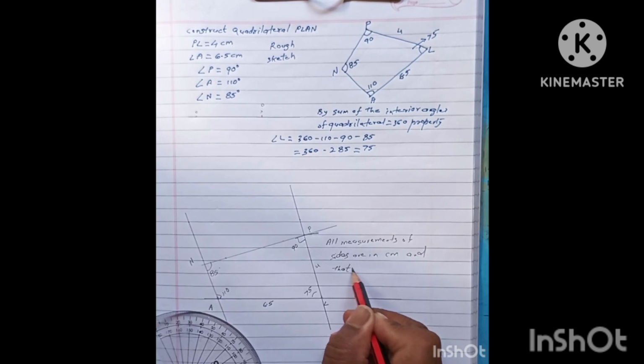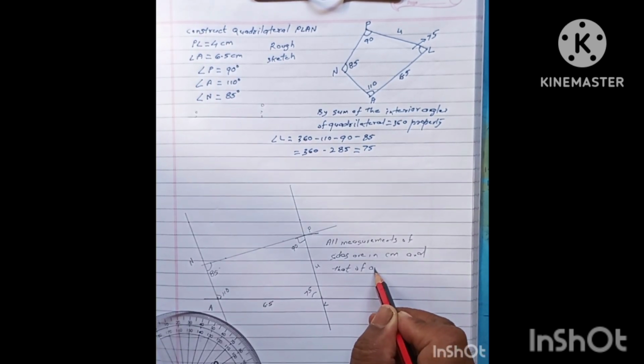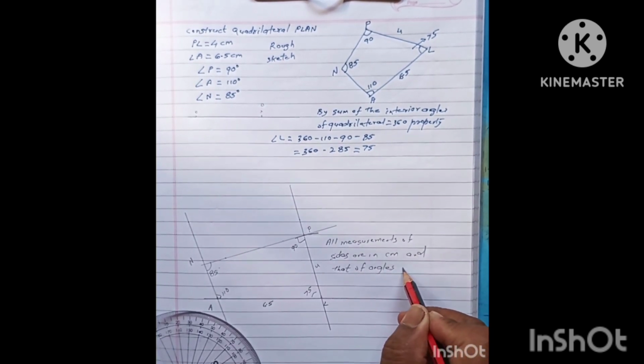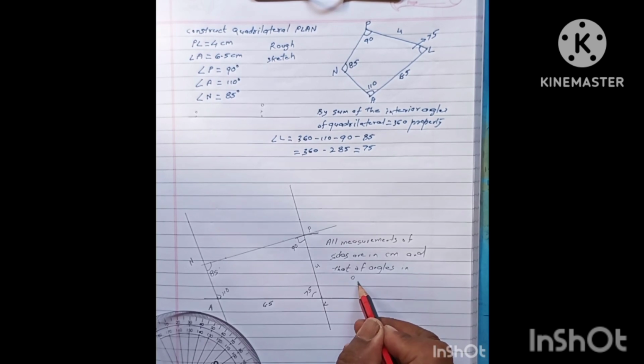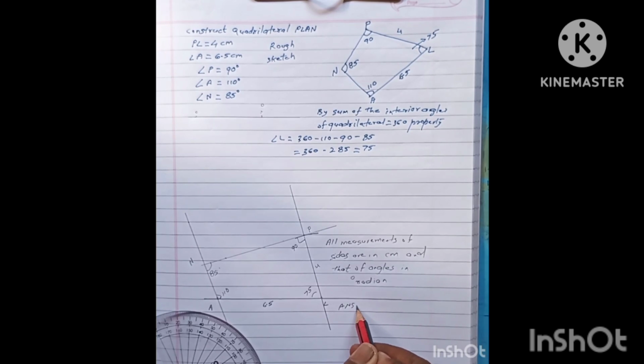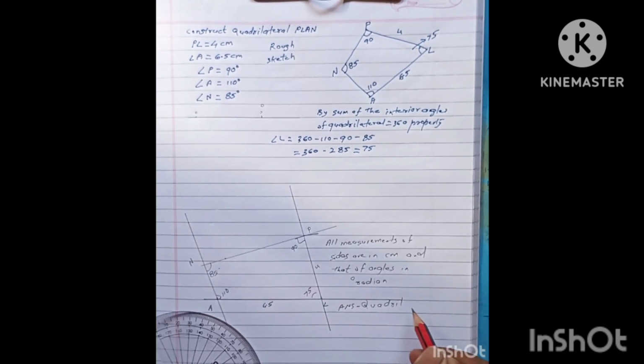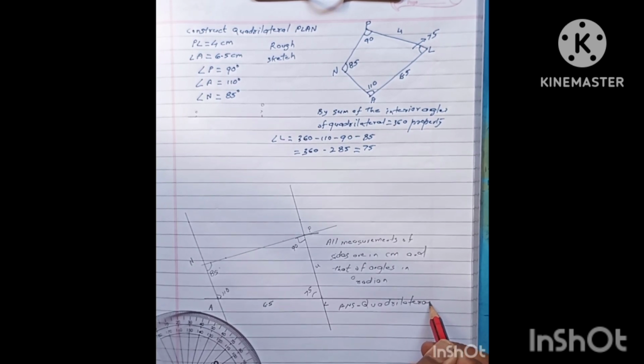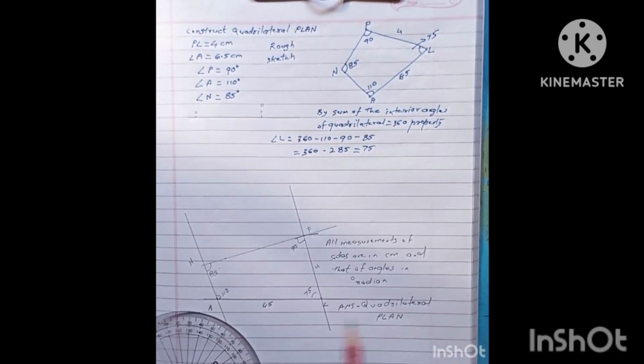And the answer: this is a quadrilateral PLAN. Do always write this. You always must specify the units and the examiner should know what you have used. Okay, so that is your answer. Okay, move ahead.